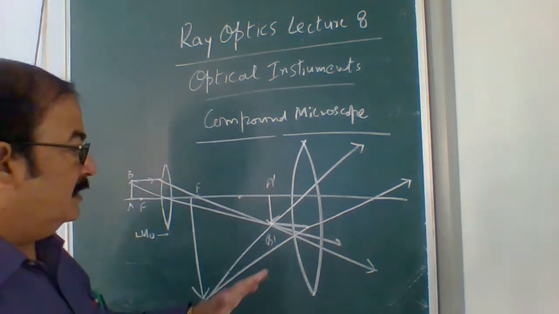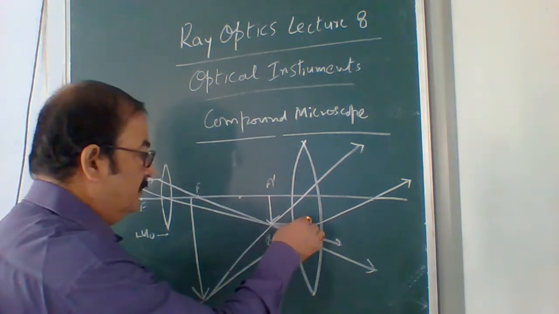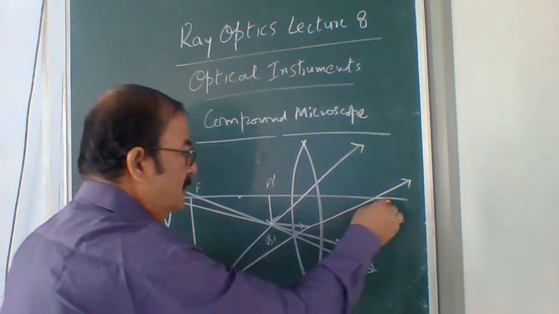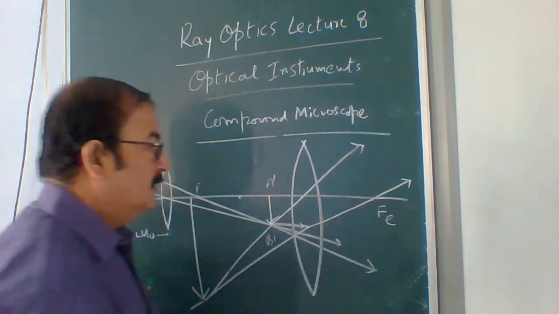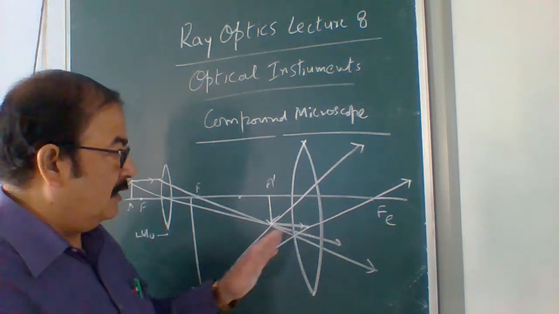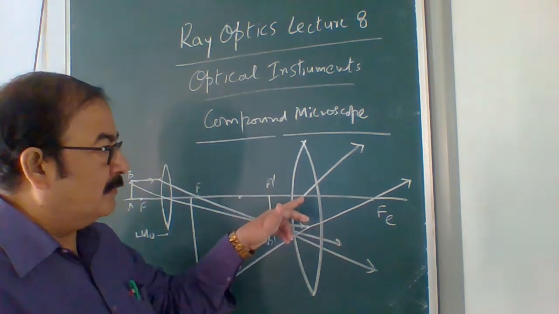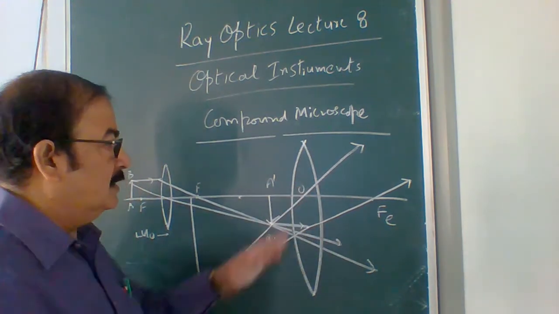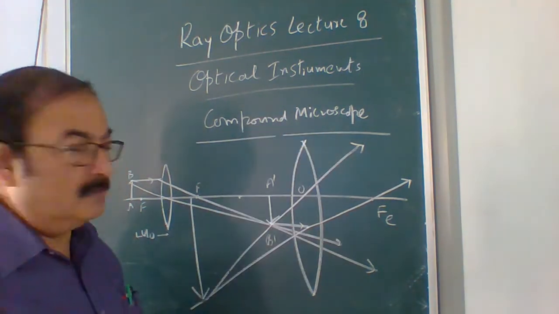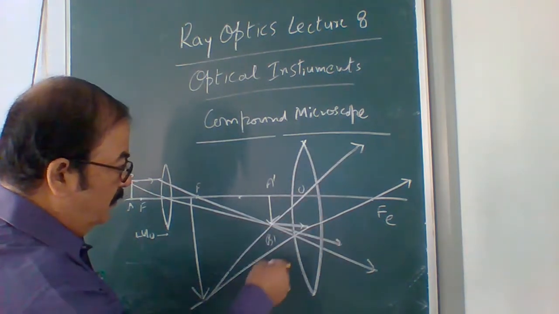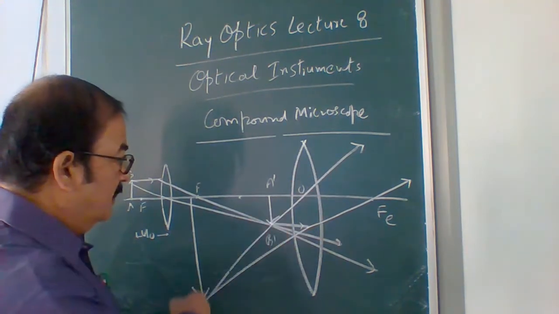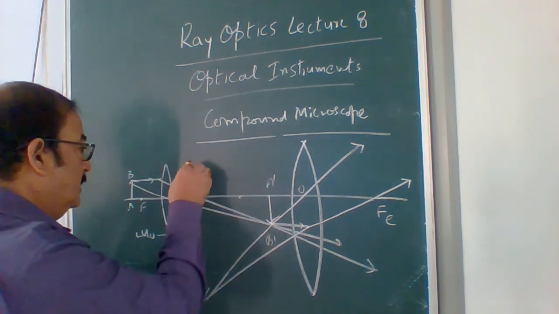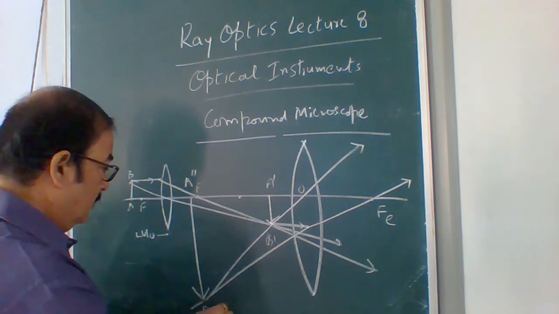You can see that after refraction, the refracted ray must pass through the focus of this lens. This is FE, and another ray is passing through the optical center of this lens. They are not converging after refraction, but on producing them backward, they meet at this point, and therefore this will be your final image, A'' and B''.